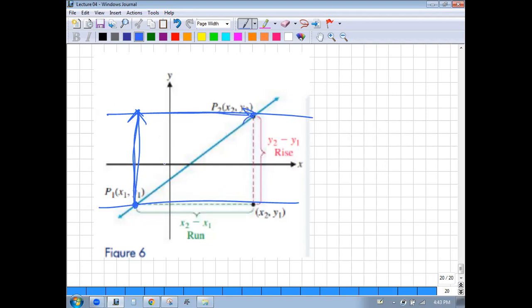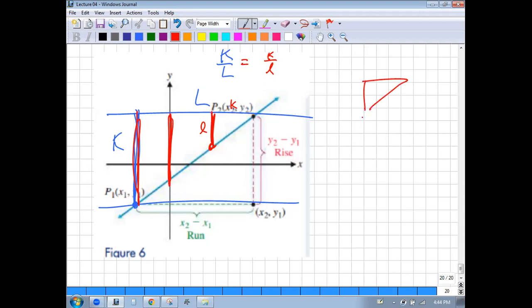I'll call this K and L. The ratio of K over L, the ratio of the rise to the run, is the same thing as if I pick this point and this point. If I call this little L and this little K, all right, the ratio of this to this is the same as the ratio of this to this.